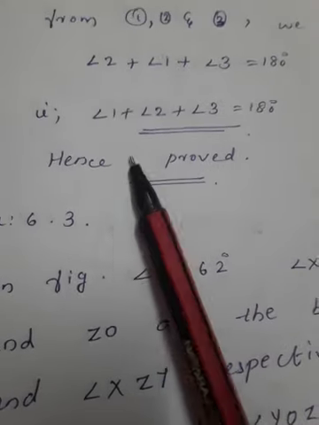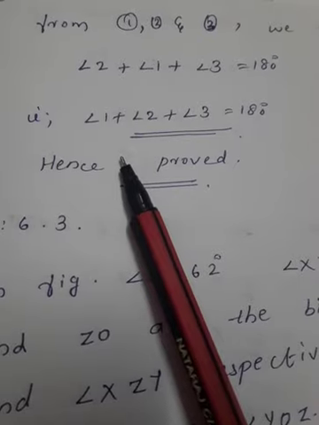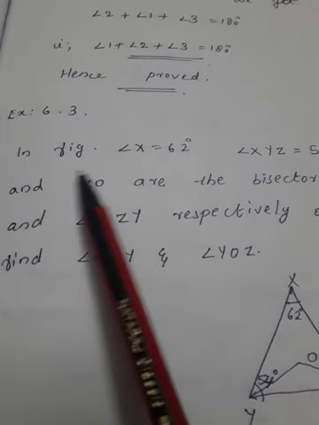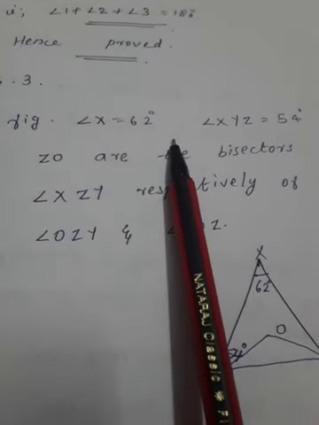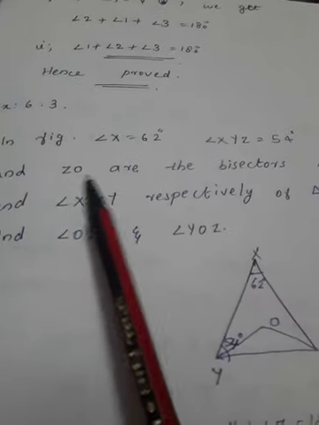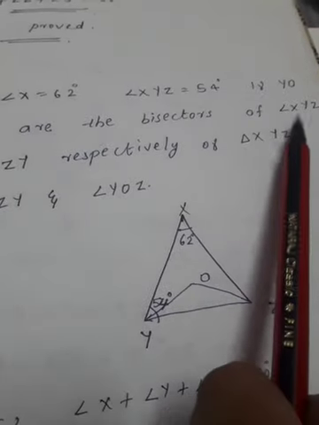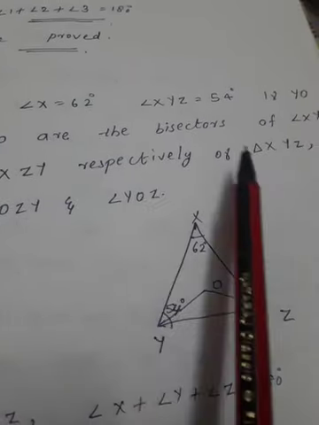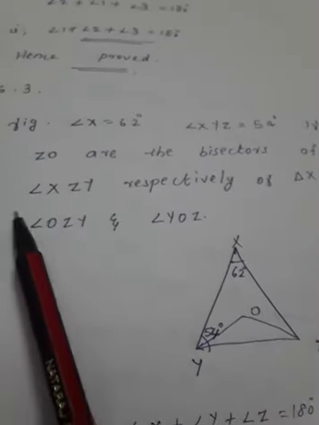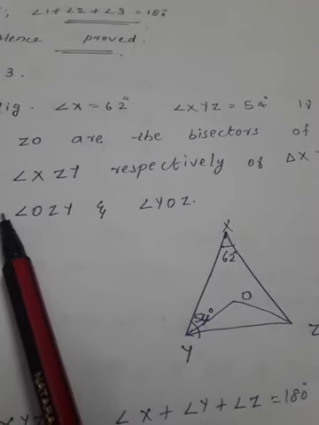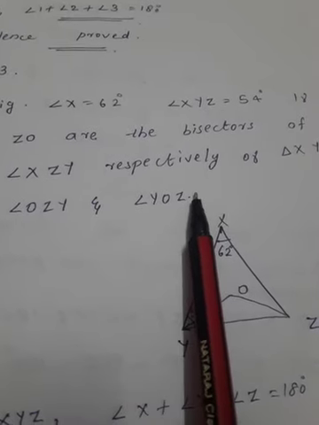Clear? This is an important theorem proof we want to do and practice well. Now exercise 6.3, first question. In the figure, angle X equals 62 degrees, angle XYZ is 54 degrees. If YO and ZO are the bisectors of angle XYZ and angle XZY respectively of triangle XYZ, then we need to find angle OZY and angle YOZ.